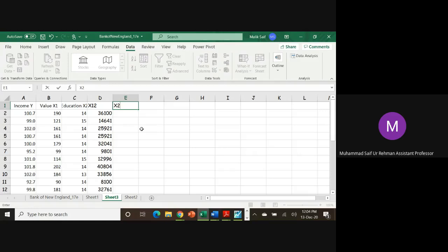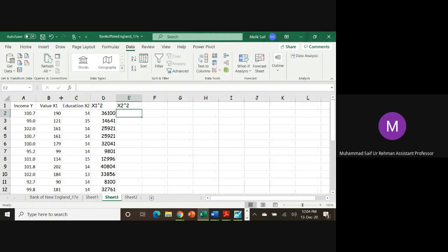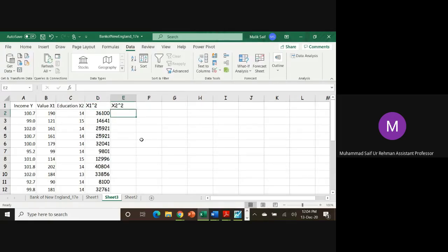This is x1 square and this is x2 square. So in this case, you will use this series: equal to this value, cap, square, enter, double click.